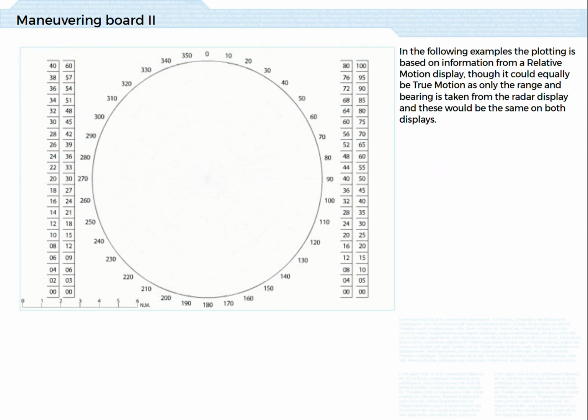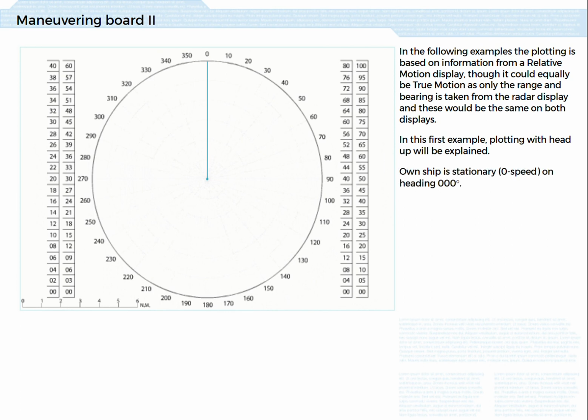In the following examples, the plotting is based on information from a relative motion display, though it could equally be true motion as only the range and bearing is taken from the radar display, and these will be the same on both displays. In this first example, plotting with head up will be explained. Own ship is stationary, so her speed is 0 knots, and her heading is 0 degrees.